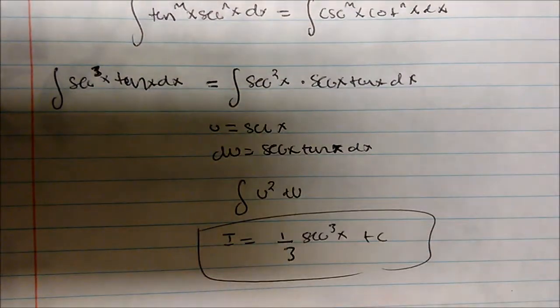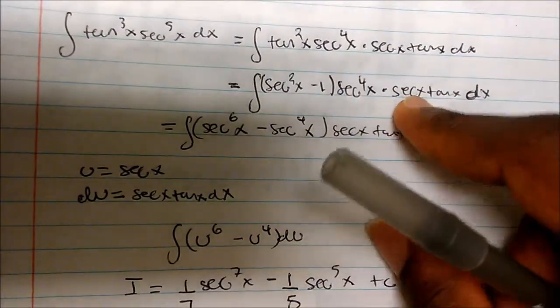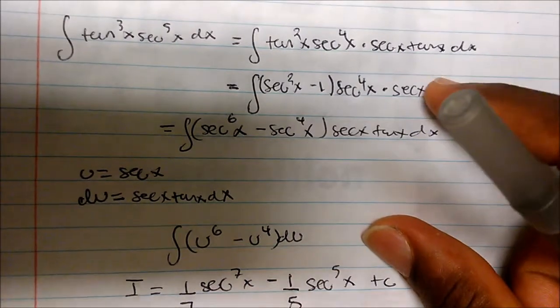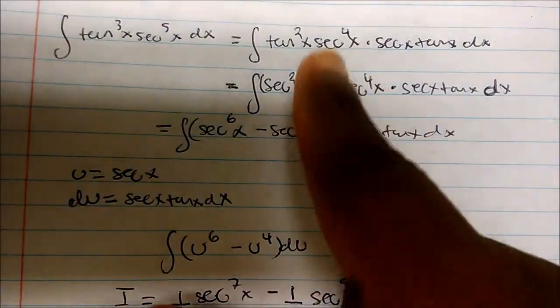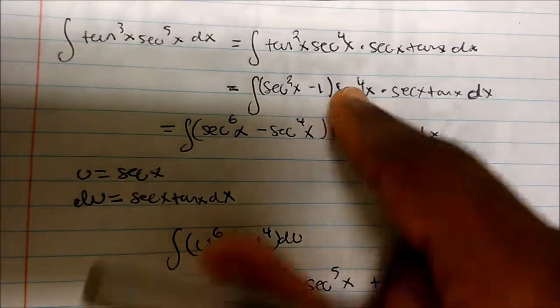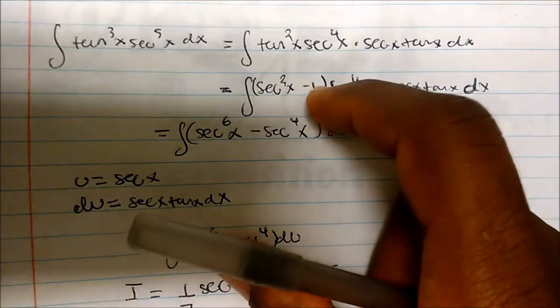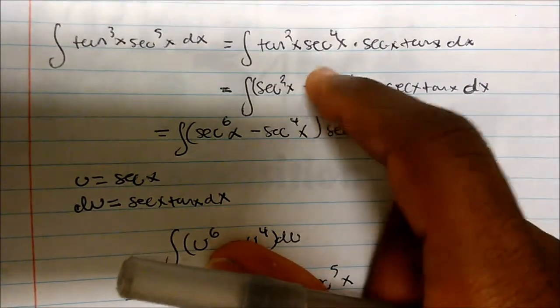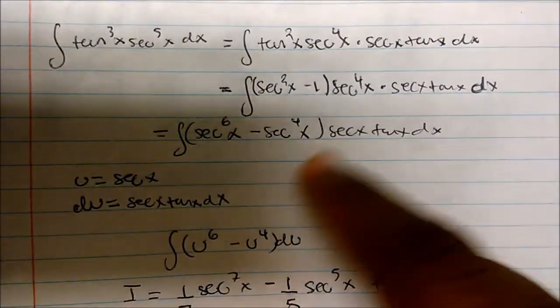So I did not have to worry about identities. But whenever we split and we see the secant of x tangent of x here, and it's very trivial that you'll see this, okay? You have to know that if I want to do u substitution, the whole integral has to be in secant. It has to be in secant, so we've got to use our identity, and so that will work.